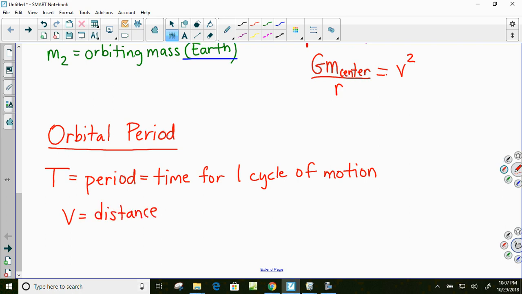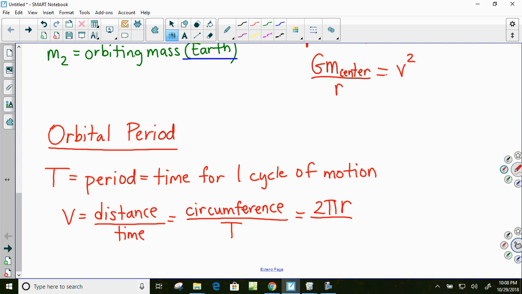Okay, so the orbital velocity, we already figured out a way to figure that out above, but there's another way. And that is just by figuring out the distance that the object travels in a circle divided by the time it takes to travel. The distance that it travels is the circumference of its circular path, divided by the time, but the time is the period, so we're going to put capital T. And we calculate the circumference of a circle as 2 pi times the orbital radius, over the period.